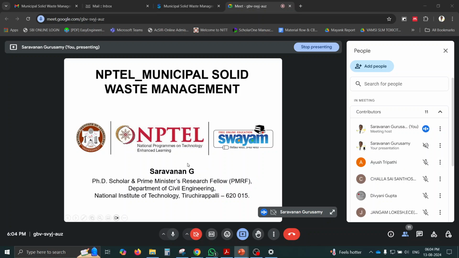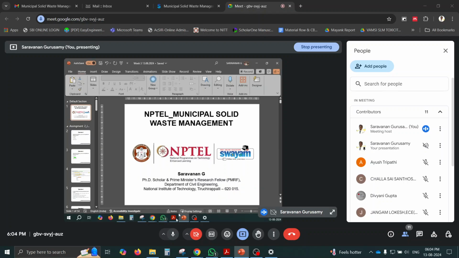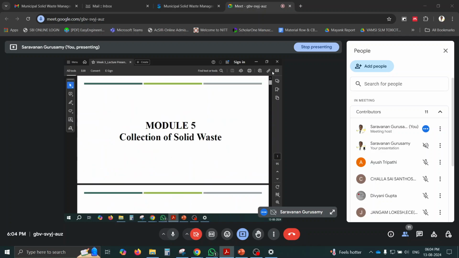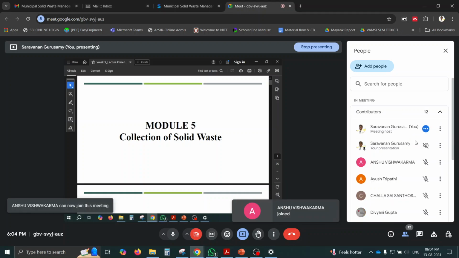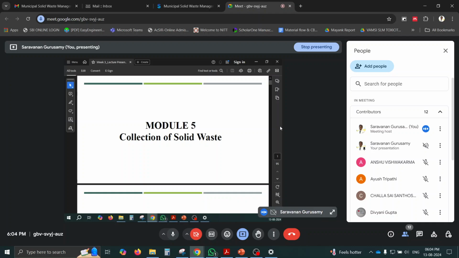Last 2 weeks we have discussed the basics of solid waste management and different functional elements of solid waste management. As we all remember, the first functional element is solid waste generation, then handling and storage, then primary collection, then secondary collection, transfer and transport, then transformation, and finally disposal.